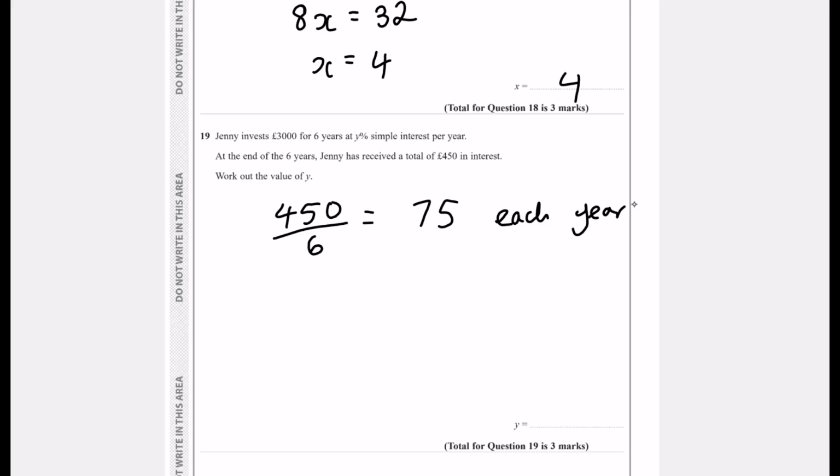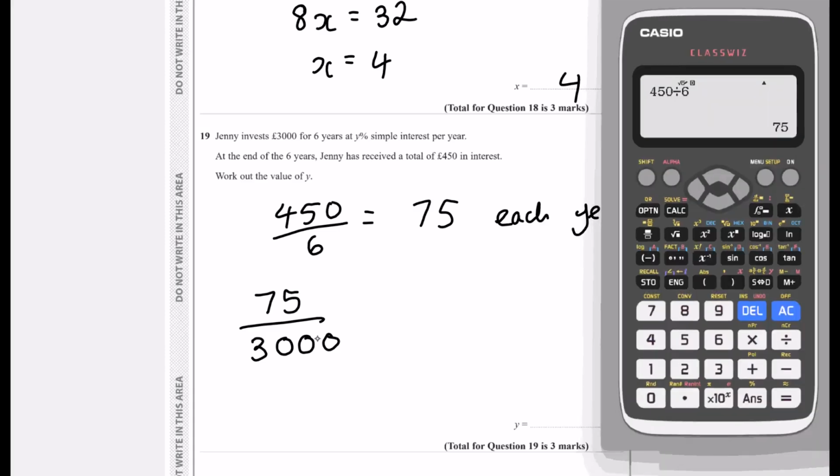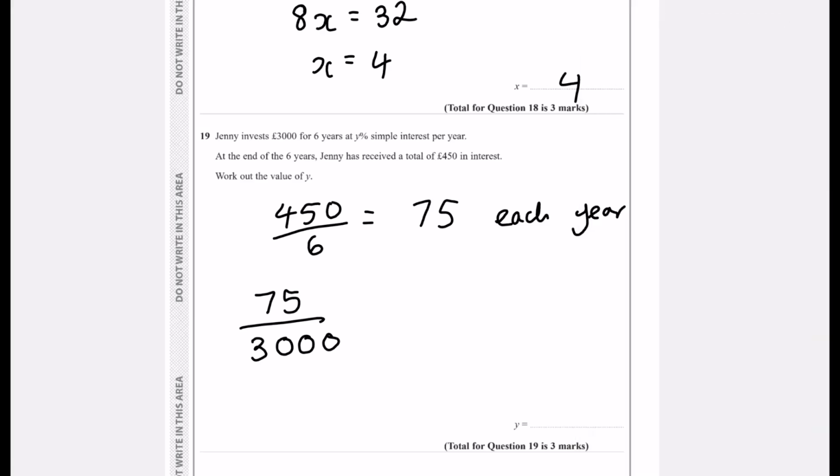And what's the interest rate? So 75 out of 3,000 each year. What percentage is it? So if I write 75 out of 3,000, I get 1/40th or 0.025. That's a fraction or a decimal. To change it to a percentage, times it by 100, and we get 2.5.